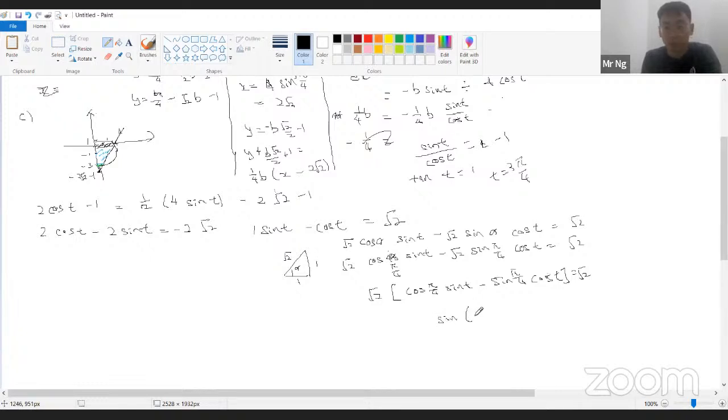Okay, sine t minus pi over 4 equals to 1. So when it equals to 1, this thing is pi over 2.